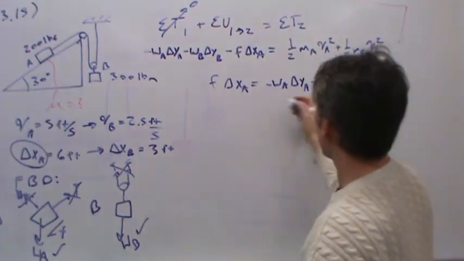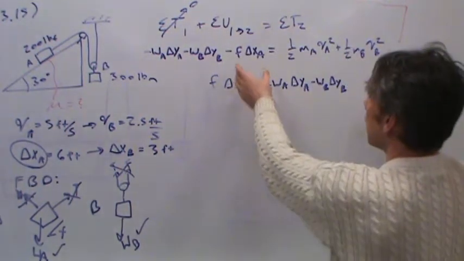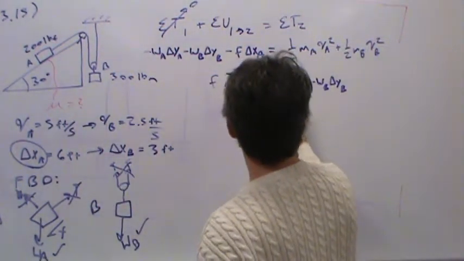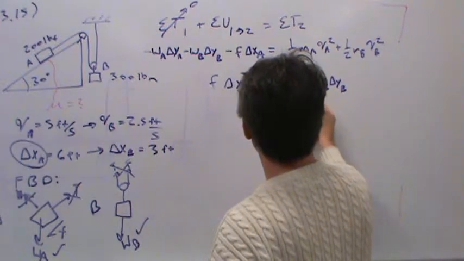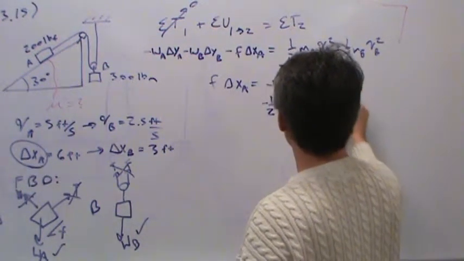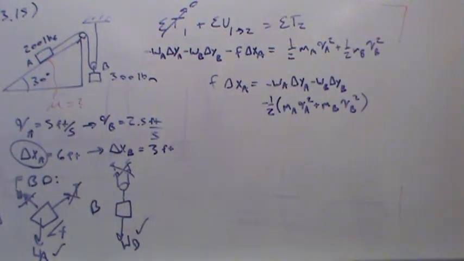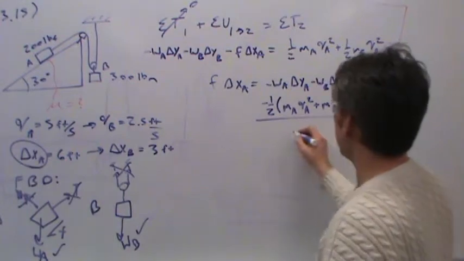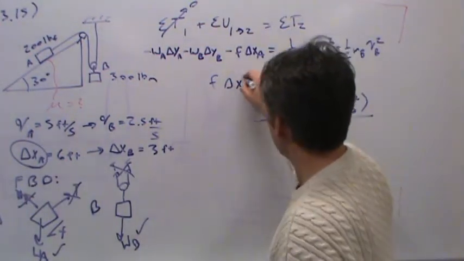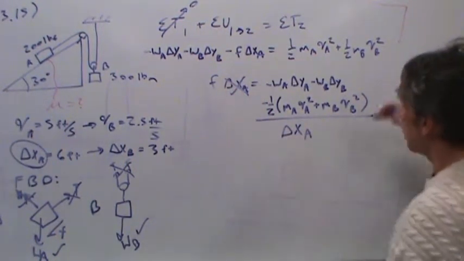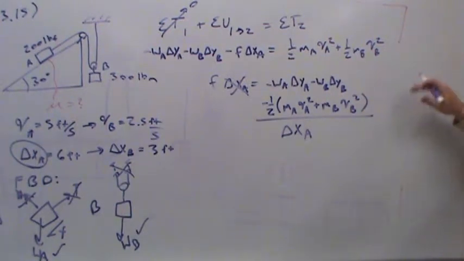I'm going to run off the board here, so this all needs a negative sign on the other side, so minus 1/2 mass of A, velocity of A squared, plus mass of B, velocity of B squared. If we just divide this side by delta XA, then all we have on the left-hand side is the frictional force, and we should be closer to solving the problem. All I did is I divided this out. If you're wondering what happened here, I had to break the line again because I ran out of space.